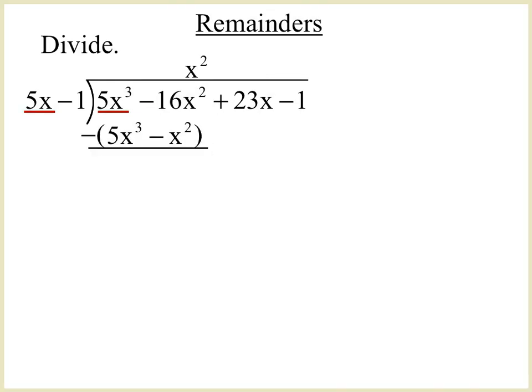Remember, every time, I'm not going to be writing it because my PowerPoint doesn't show it, but when I subtract it, it turns the next one negative and this one positive. Changes it to the opposite signs.